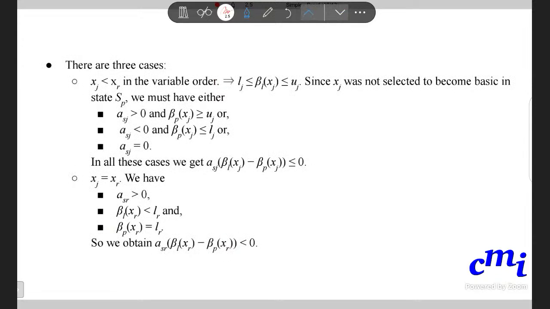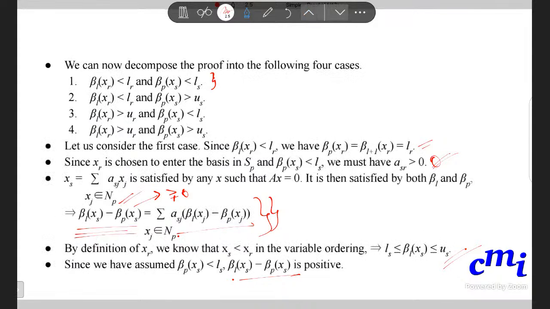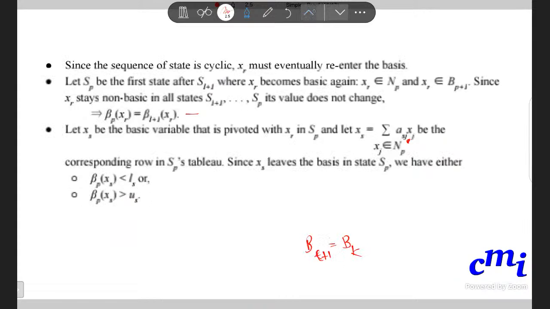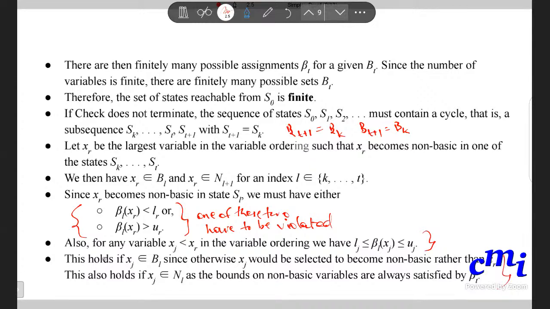Can you explain why that is positive? So this part we basically got from here. Like I said, for any variable xj that is less than xr in the variable ordering, we have that beta L of xj satisfies its upper bound and lower bound.